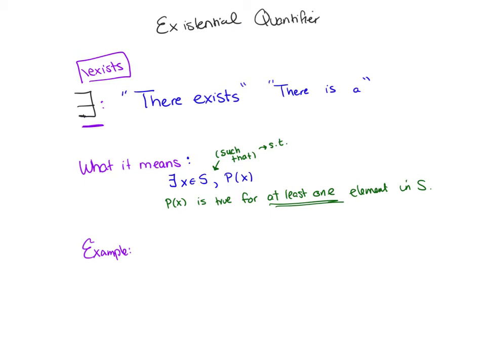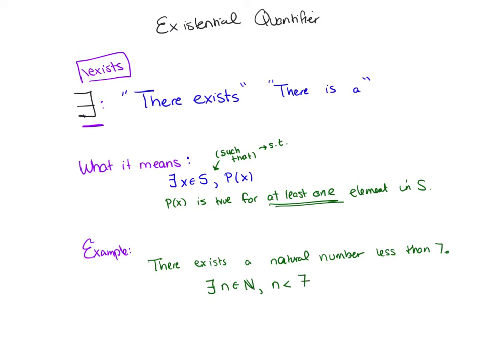So what would this look like? I could say in English, there exists a natural number less than 7. In symbols, I would write that as there exists some n in the set of natural numbers such that n is less than 7.